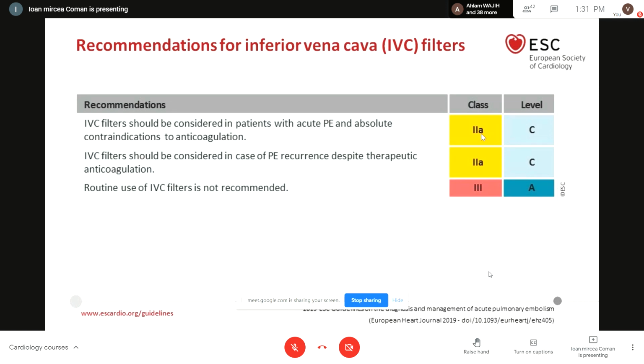So yes, we have the possibility to do it, but it's quite seldom that a patient really needs an inferior vena cava filter.